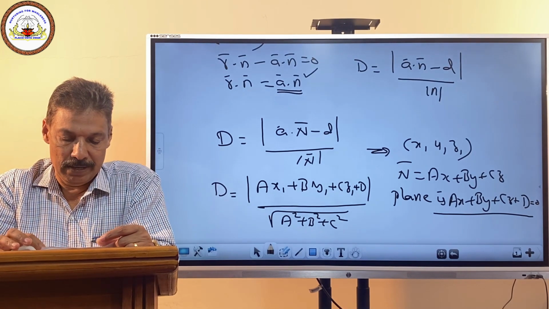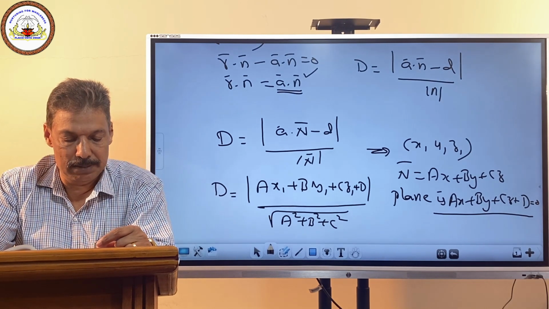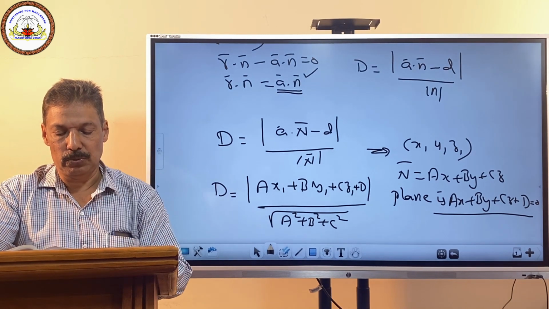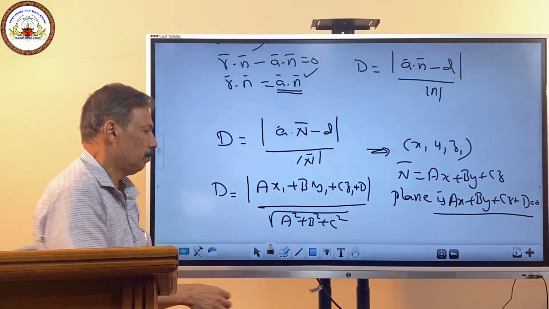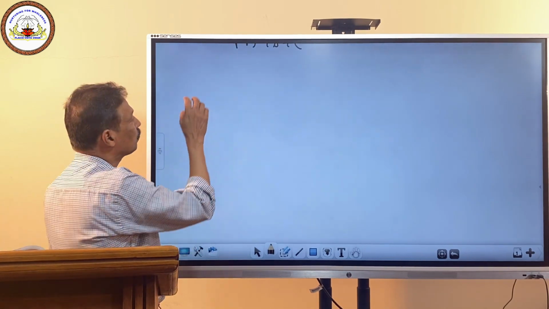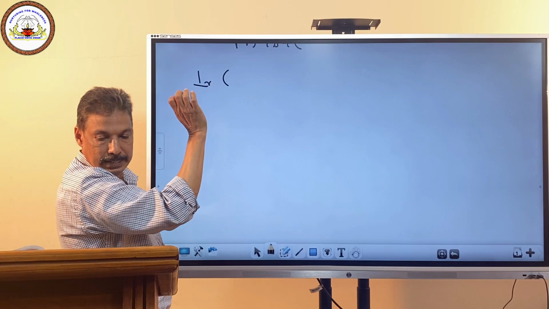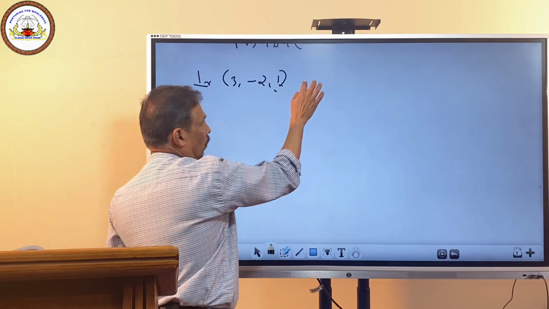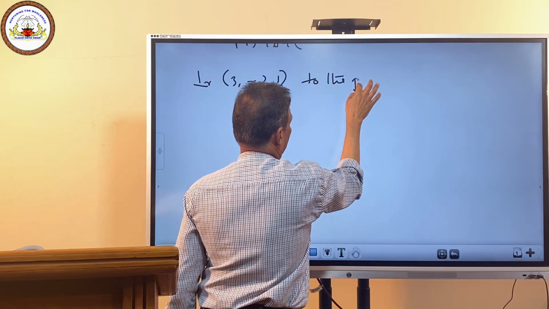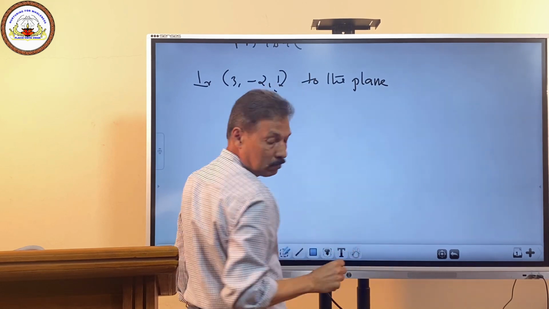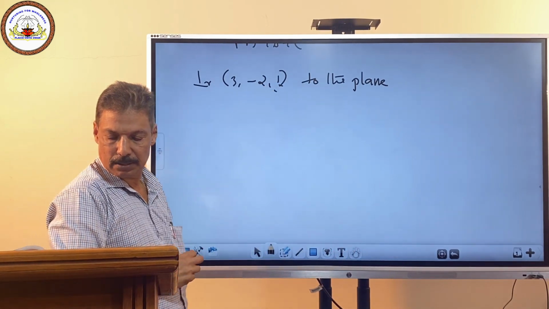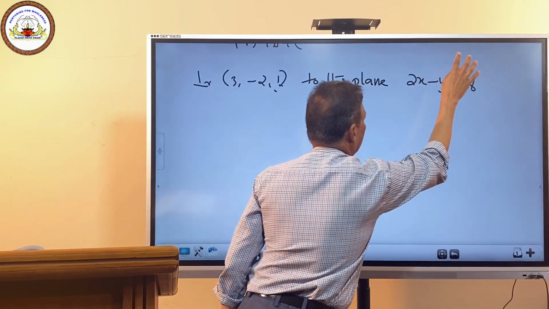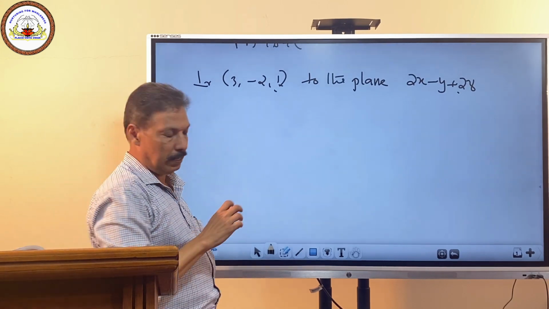Then question number 14: find the perpendicular distance from (3, minus 2, 1) to the plane 2x minus y plus 2z plus 3 equal to 0.